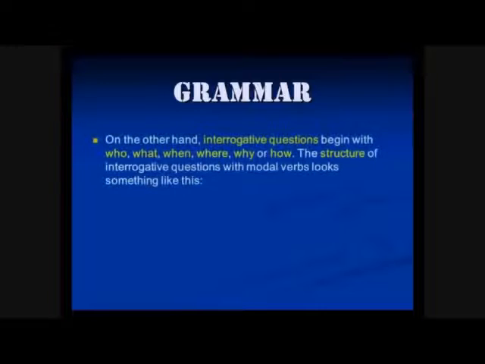Grammar 4. On the other hand, interrogative questions begin with who, what, when, where, why, or how. The structure of interrogative questions with modal verbs looks something like this.